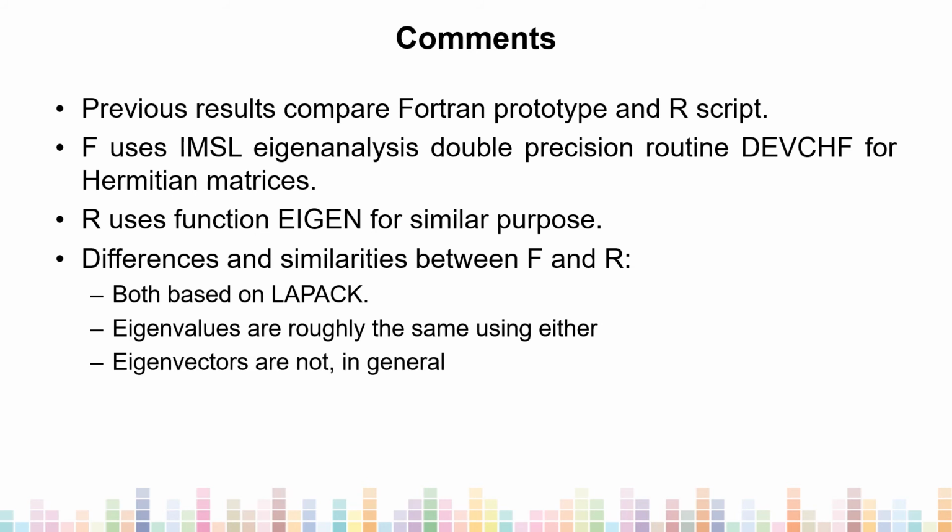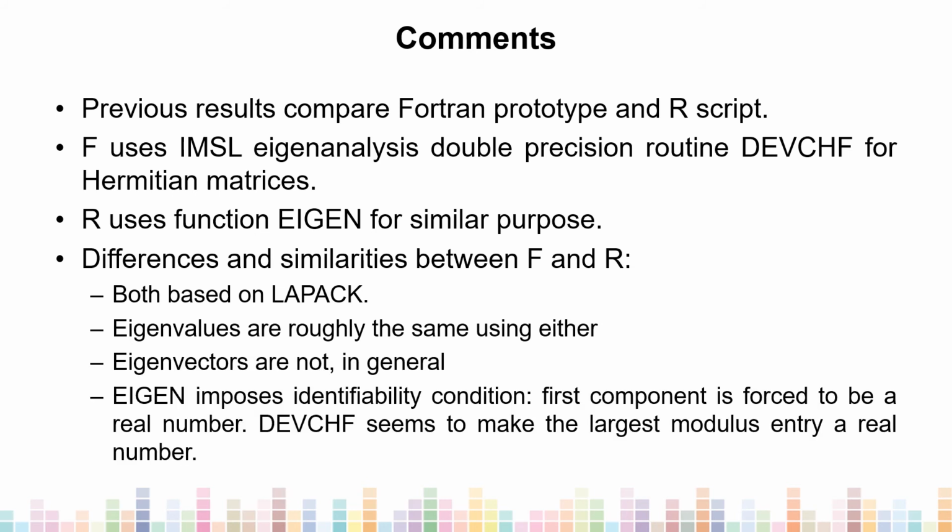However, the eigenvectors are not in general, and we think that is because eigen imposes identifiability conditions in the form that the first component of each eigenvector is forced to be a real number, whereas for the IMSL routine, the largest modulus entry is the one forced to be real.